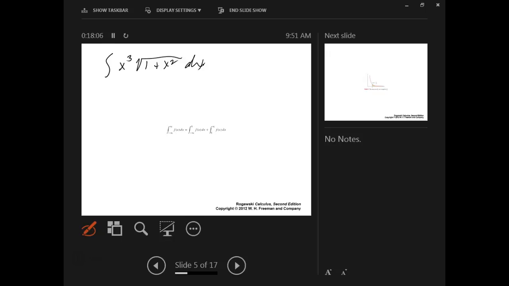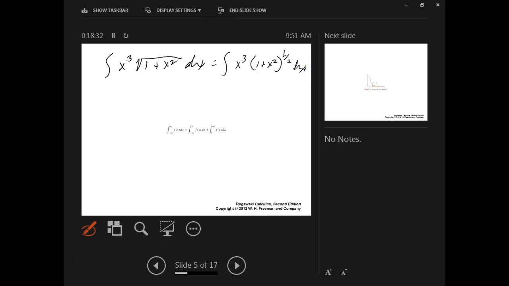Okay, we can certainly do that. The integral, you tell me what to write. Okay, x cubed times 1 plus x squared to the 1/2 power. Is that what you meant?